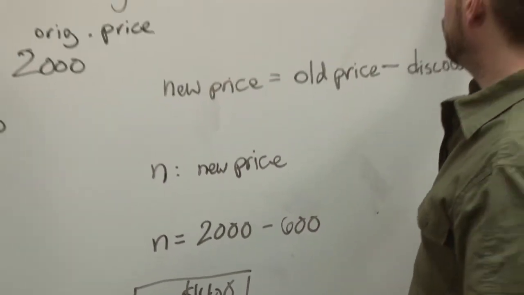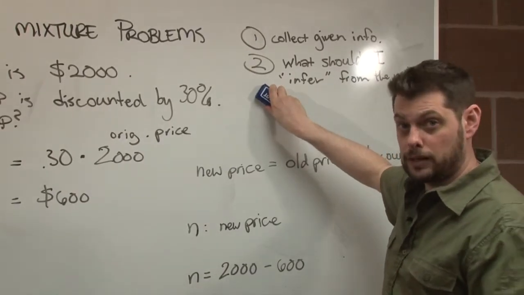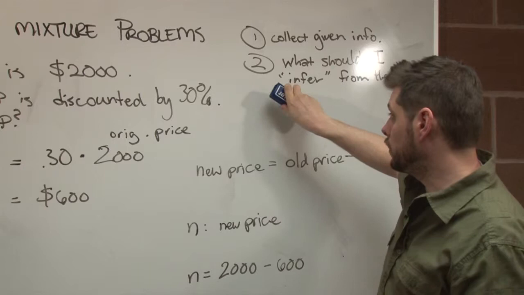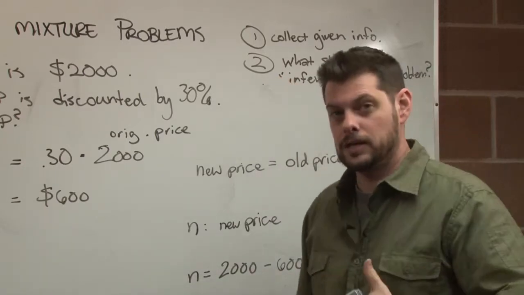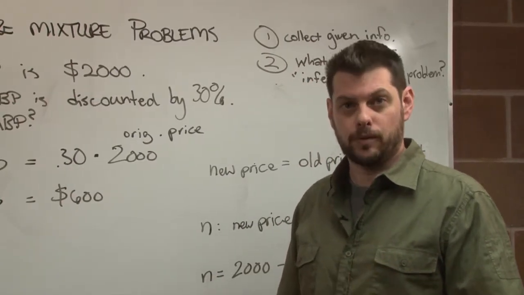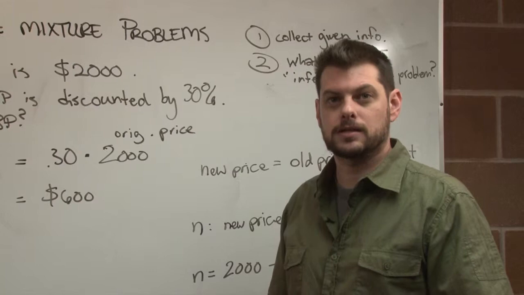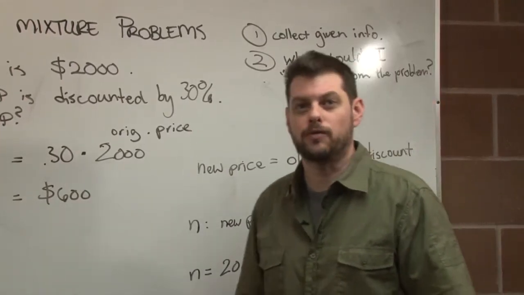So we had to collect the information. And then the second thing that we had to do, and as you grow into higher level math classes, your instructors will expect you to know this stuff. Some of them will actually present abstract concepts to you. For example, when you get into 126, they'll start talking about revenue. Well, how do we talk about revenue?